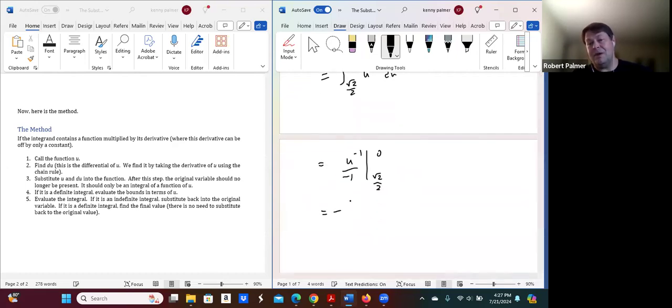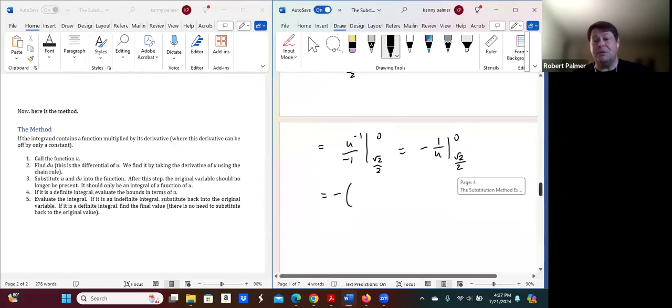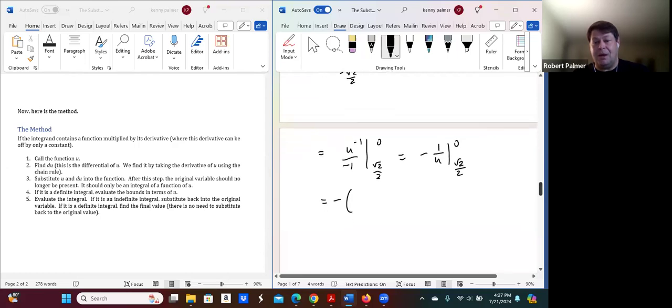So negative, and I was going to write this over here as 1 over u. So negative 1 over u from 0 to the square root of 2 over 2. And oops, that's something interesting to look at. Okay, so what happened? Let's take a look at what happens. Well, if I do the upper bound, I have 1 over 0. Okay, that's going to be a problem.